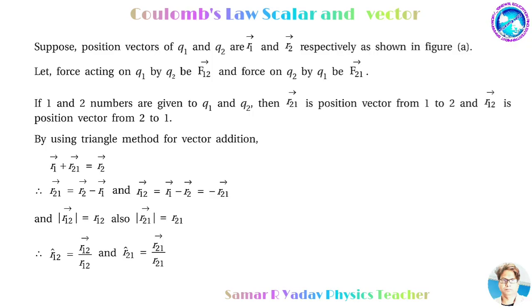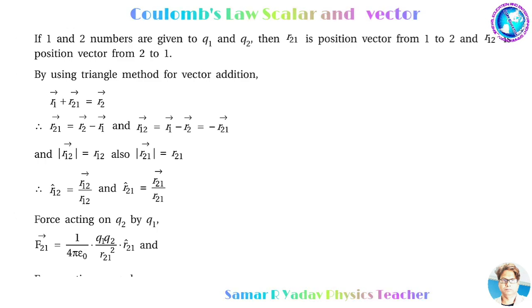Therefore, vector r21 is equal to vector r2 minus vector r1, and vector r12 is equal to vector r1 minus vector r2, which is equal to minus vector r21.